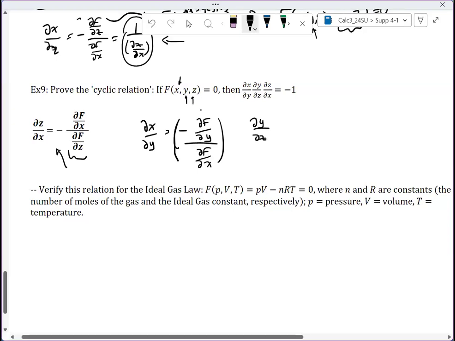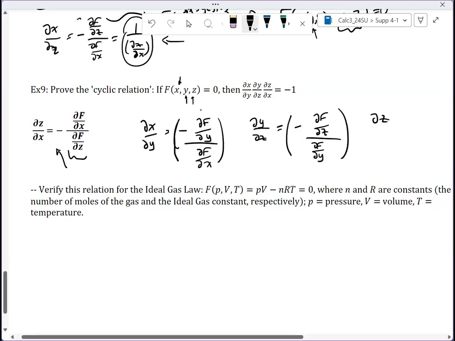Partial y with respect to z, now taking the perspective that x and z are the independent variables, y is the dependent variable. This is negative partial f with respect to z over partial f with respect to y.